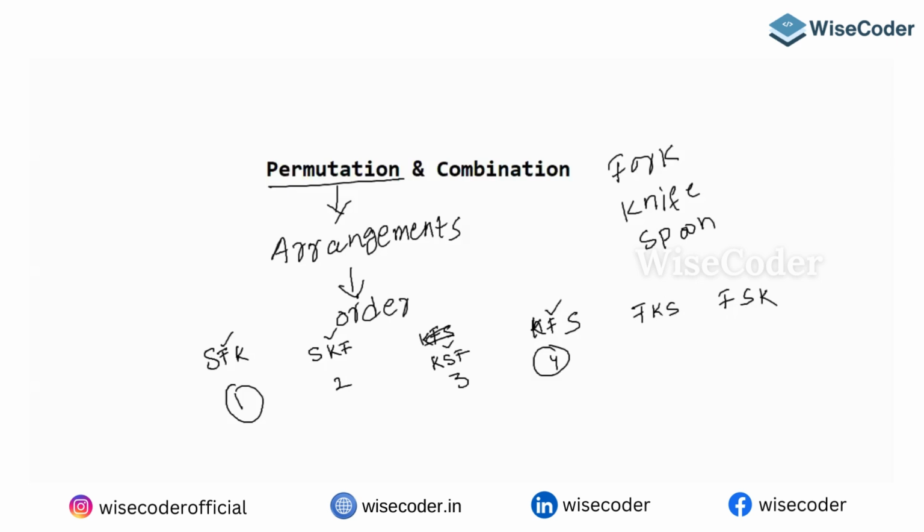What I want you to understand here is what we mean by arrangement, and the importance of order in arranging the objects, placing the objects in specific positions. Arrangement, order, and next you need to concentrate on position. These are possible ways of arranging the three objects, but there are more ways.